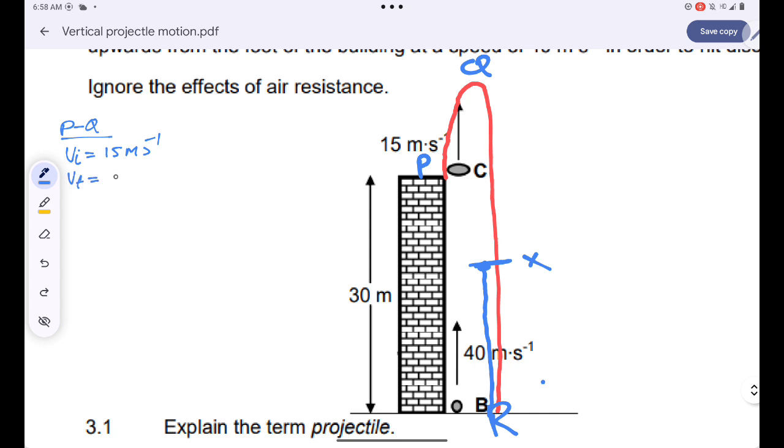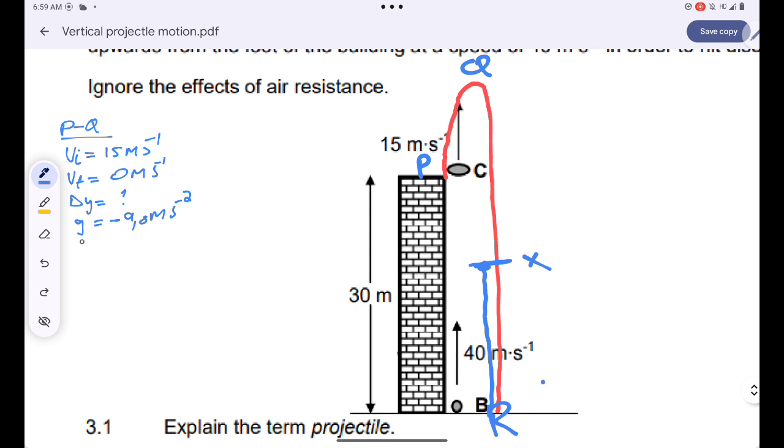Final velocity is 0 meters per second, because point Q is the maximum height. I don't know the distance it traveled to reach maximum height. I know gravity is 9.8 meters per second squared, but since I've declared that upwards is positive, my gravity has to be negative. Are we together?